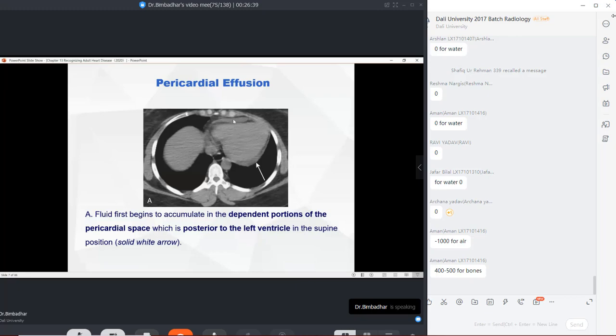So I will compare both densities and see if this is cardiac muscle or if this is a fluid. Once I get ranges between 0 to 10, I conclude that I'm looking at a fluid, which means I'm looking at the pericardial area. So that should be a pericardial fluid.